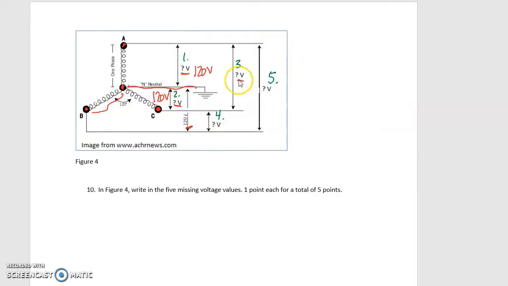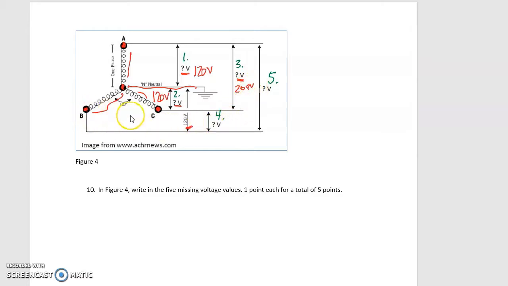Voltage number 3 is between this point and this point. We have 120 volts across here, we have 120 volts across here. However, those voltages are 120 degrees out of phase, so they do not simply add up. It's that whole 1.732 calculation again, like you saw in the homework, and that gives us 208 volts.